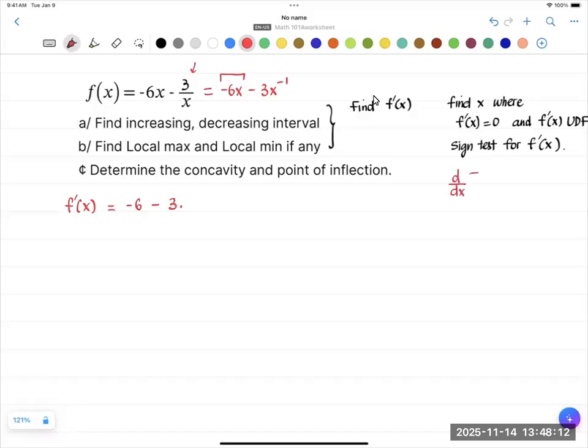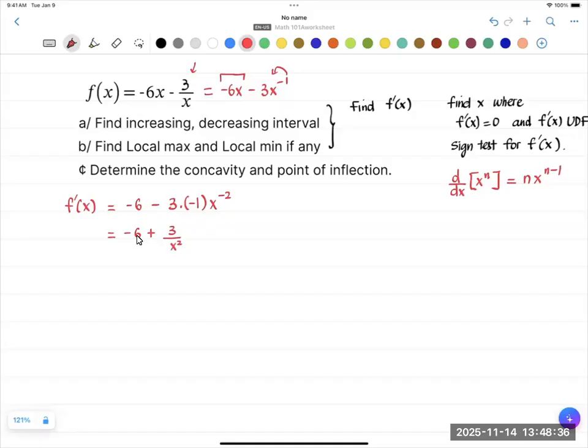That uses the power rule, right? We bring down the power and reduce the exponent by 1, so it's times negative 1, x to the power negative 2. Then I will rewrite the expression as negative 6 plus 3 over x squared.